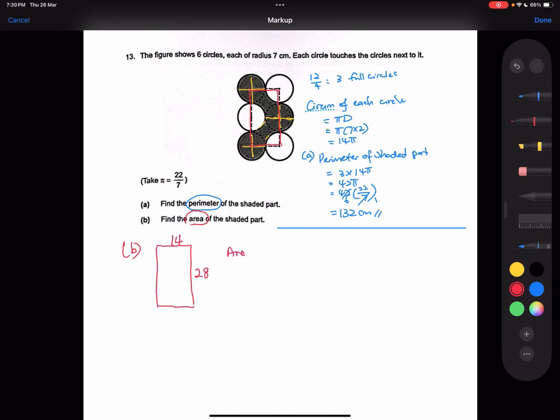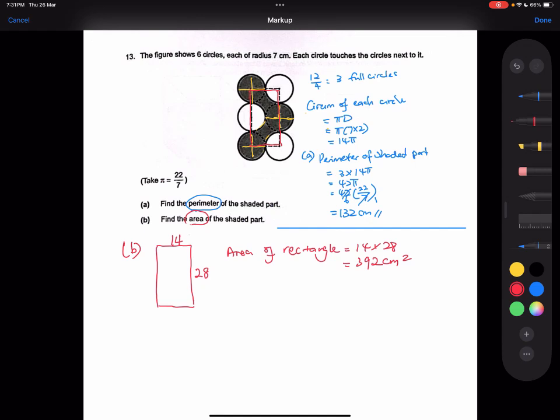Alright, so area of rectangle equals 14 times 28, and that will give us 392 cm square.